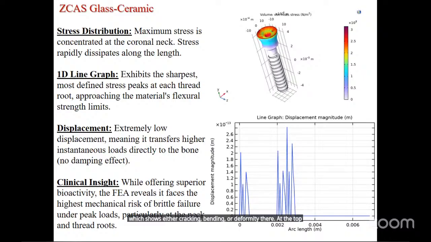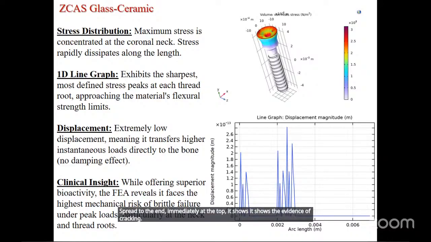The one-line graph exhibits the sharpest, most defined stress peak at each thread root. Then the displacement. In a nutshell, at the very top the stress is not spread to the end. Immediately at the top, it shows evidence of cracking.